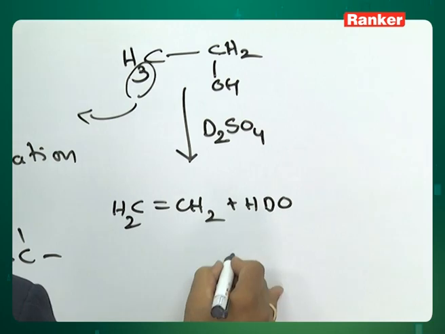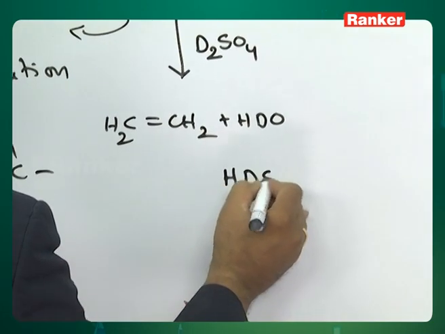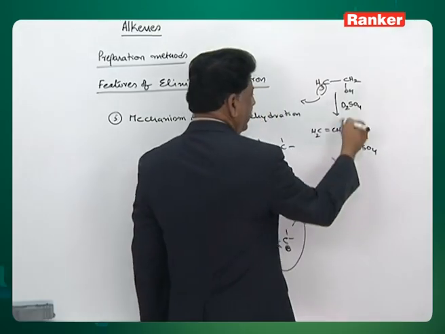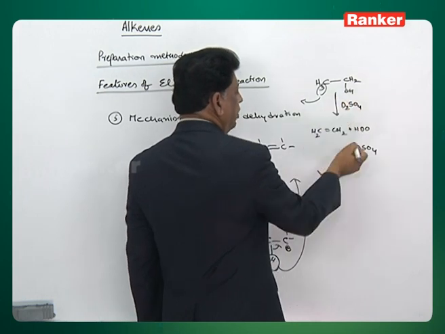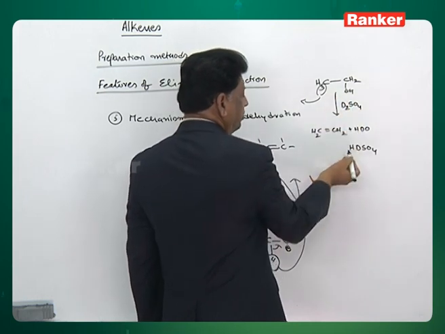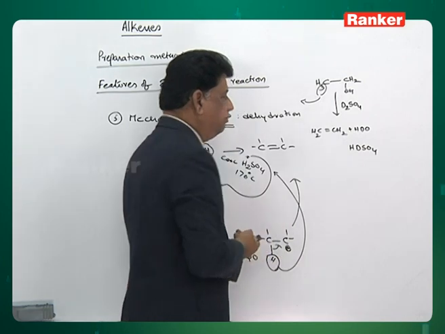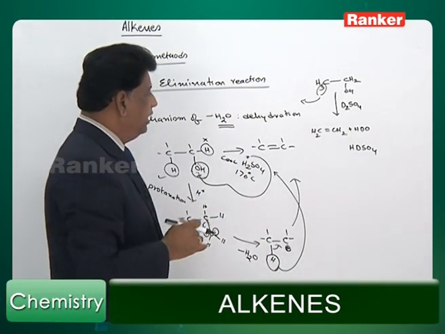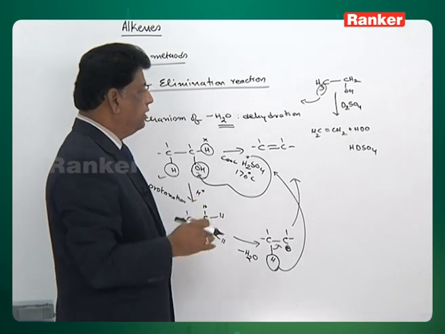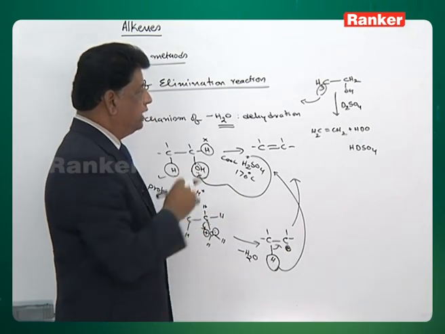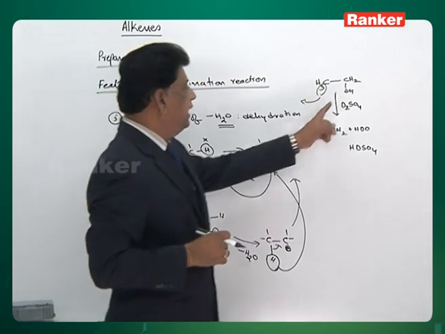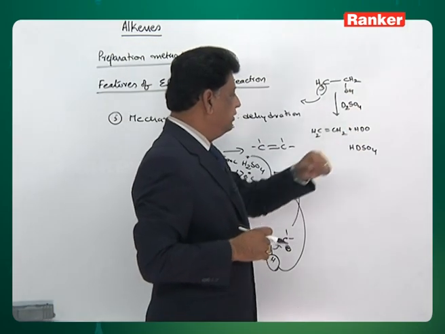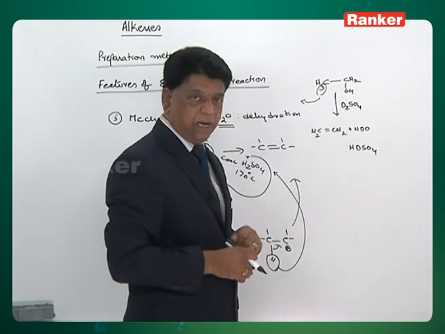So, after that sulfuric acid will become HDSO4. The exchange of D with this water, and the SO4 after the reaction becoming HDSO4, clearly shows the involvement of the hydrogen atom or deuterium from sulfuric acid, which is attacking on the OH and going as HDO, passing through a carbocation.